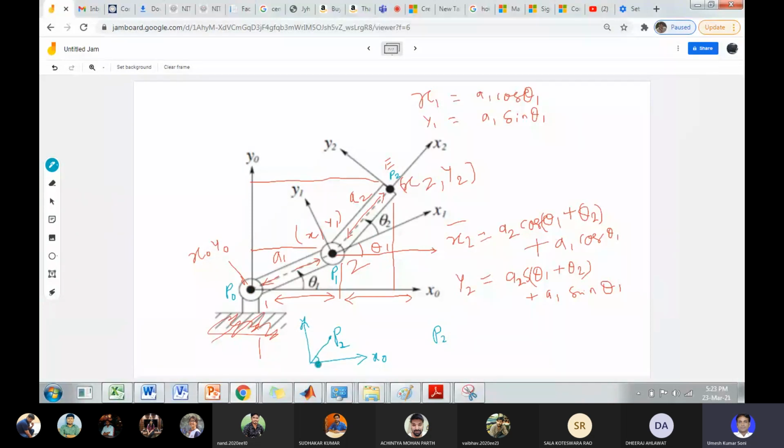This will be different from theta 1 or theta 1 plus theta 2 or theta 2. Suppose this is alpha, the direct angle of point P2 from base frame. So P2 cos alpha equal to x2 and P2 sin alpha equal to y2. क्लियर है?